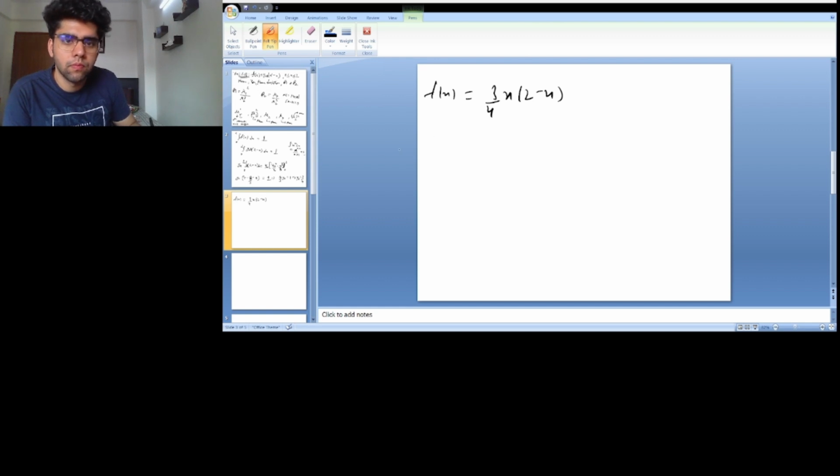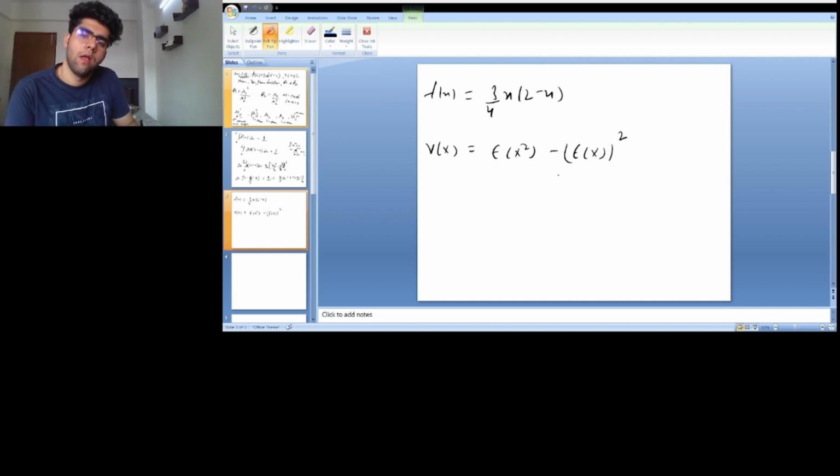variance. So variance is E(x square) minus E(x) whole square. But what is E(x)? E(x) is mu 1, the first moment with respect to the origin.